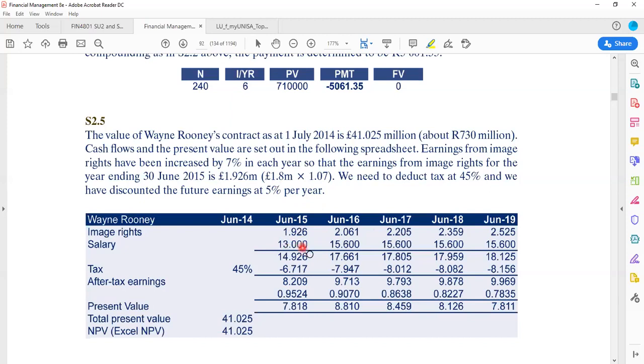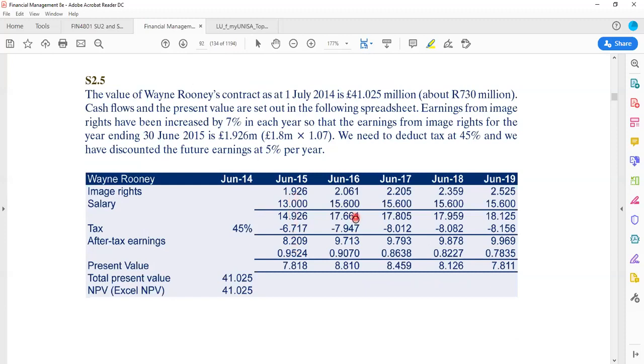They also took his salary, and the salary was also increasing. I think we were told that the salary from June 2016 will be 15.6, and before that it was 13. And then if we add those two, we get the total amount that this player will be getting. Then we remove tax of 45%, and then we get these after tax earnings.